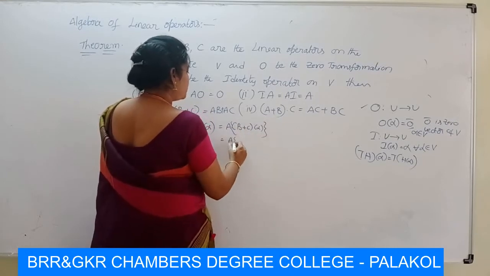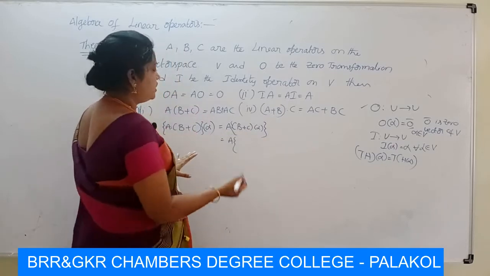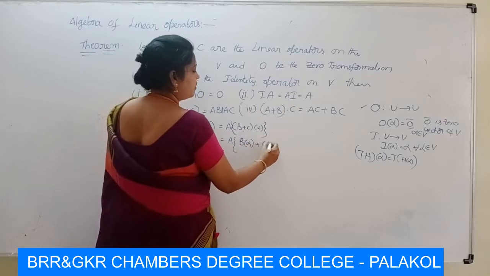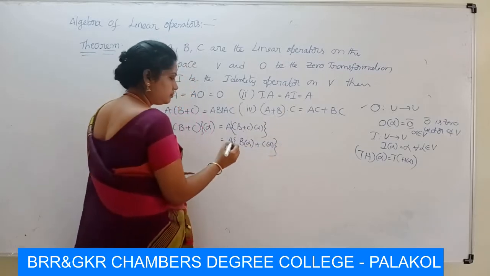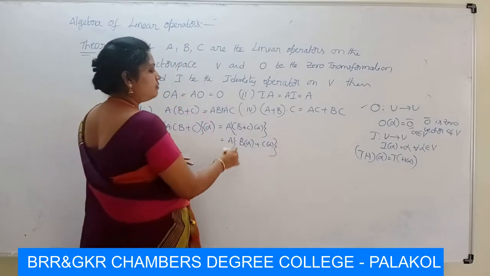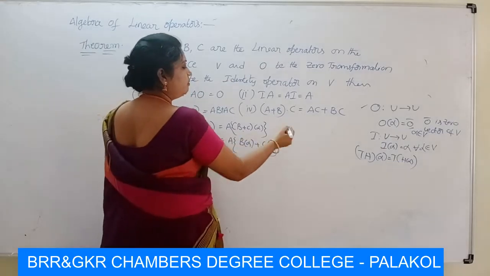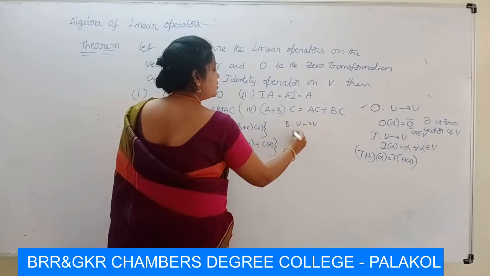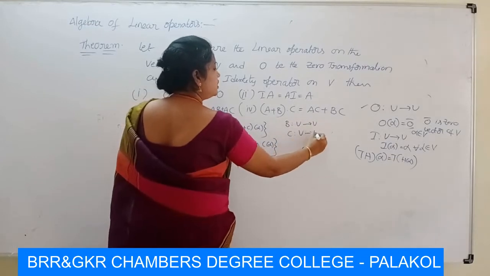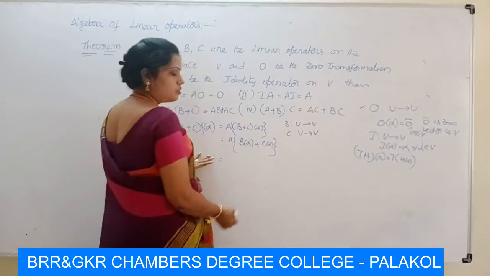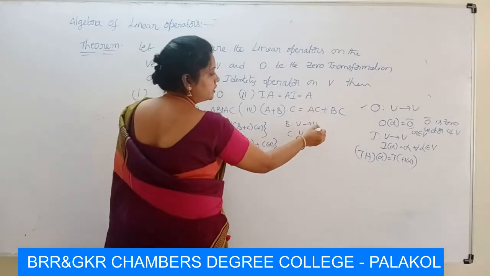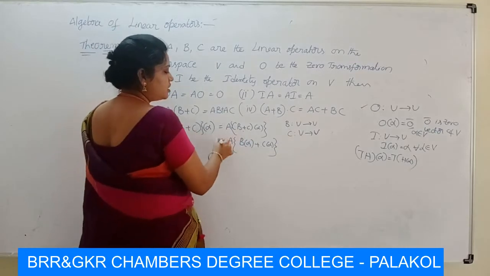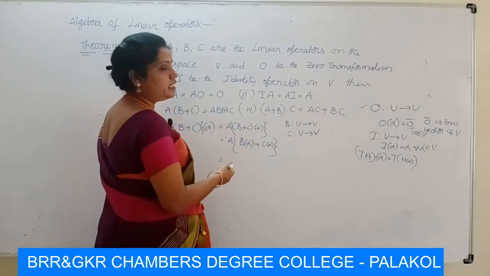Again we apply the sum of transformations definition, that is B plus C of alpha is B of alpha plus C of alpha. Here B of alpha, C of alpha are vectors of V, because B is a mapping from V to V and C is also a mapping from V to V. These are linear operators. So C of alpha, B of alpha are vectors of V. Then here A is a linear operator, that means a linear transformation.